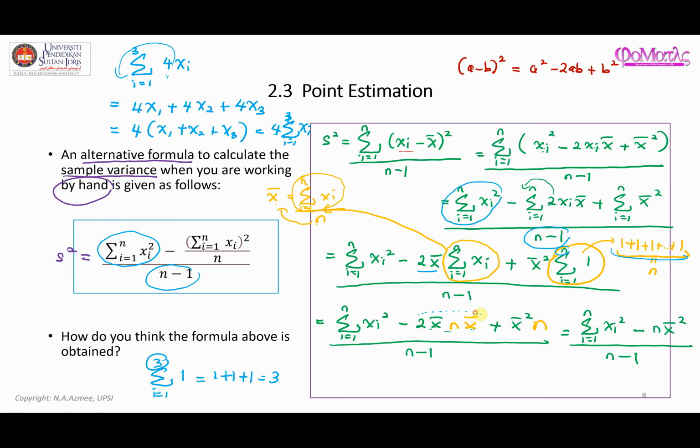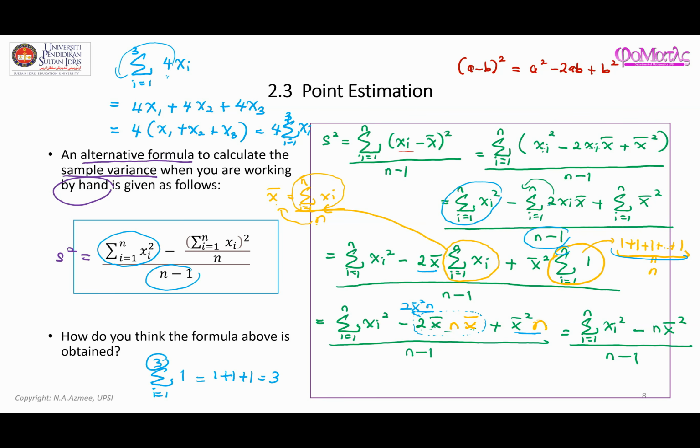So this one here will be 2 x bar squared n, and this is positive x bar squared n. So you have the same item here, just that this one is negative 2, this is positive 1. So negative 2 plus 1 will be negative 1. So you have negative x bar squared n, or negative n x bar squared, doesn't matter.